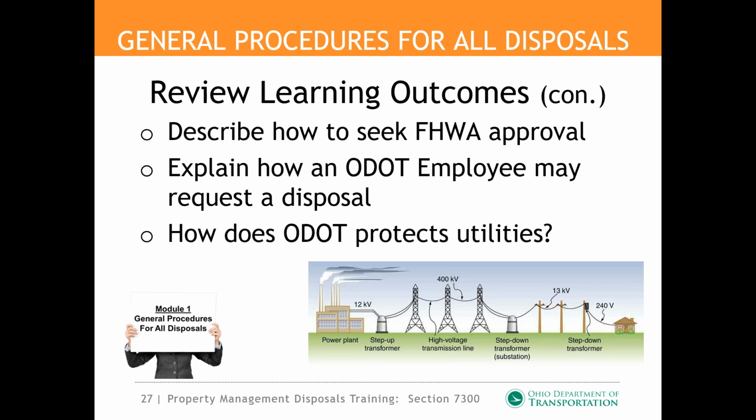All right, the first bullet here, remember, you do not have to seek FHWA approval in a number of instances under our stewardship agreement. But when you do, it must be on Form 7407, FHWA letter disposal, transfer of parcel, under the signature of the District Deputy Director.